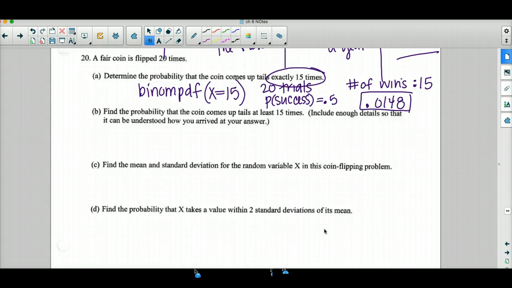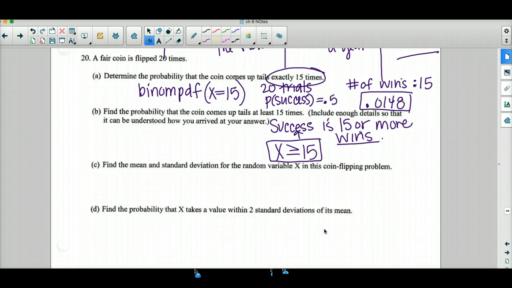Find the probability that the coin flip comes up tails at least 15 times. So success is 15 or more wins, correct? So if success is 15 or more, then success would be greater than or equal to 15.